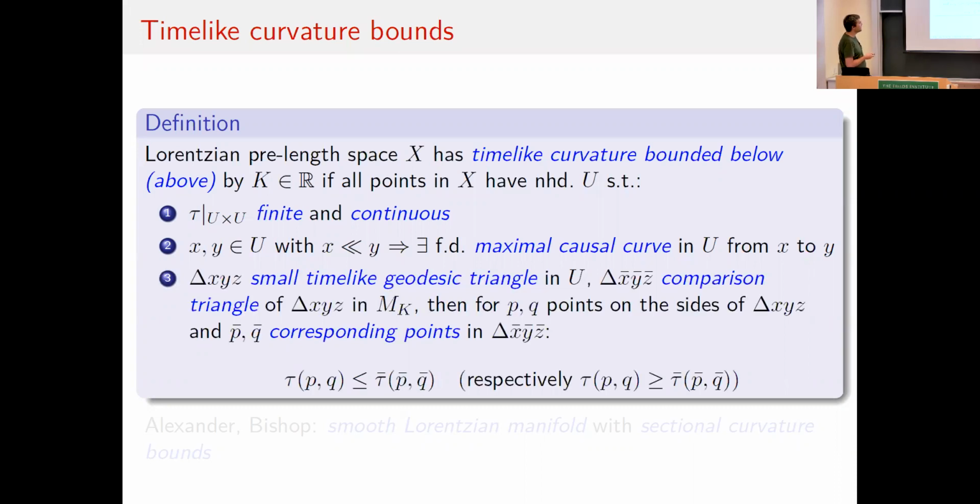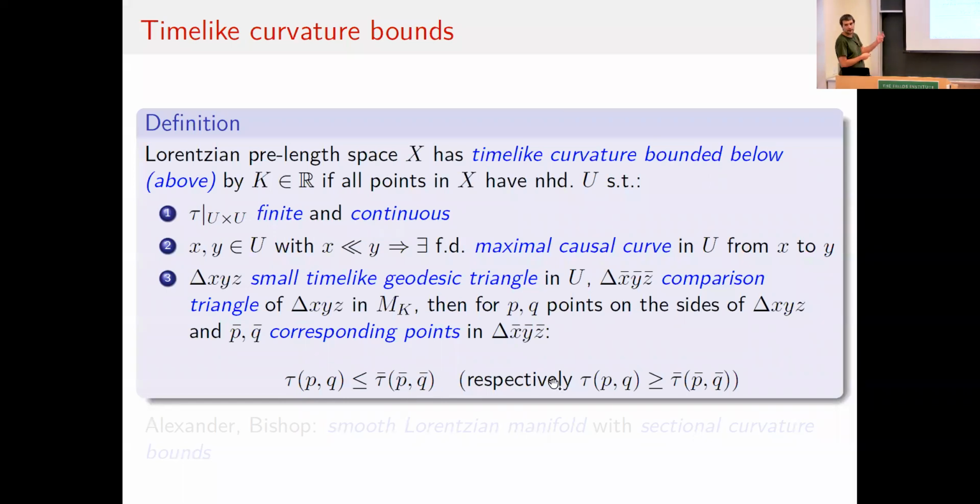And then the comparison is that for all small enough time-like triangles XYZ in U, there is a comparison triangle X bar, Y bar, Z bar in the constant curvature space M_K. And you take 2 points P, Q on the sides of your triangle, and P bar, Q bar corresponding points in the comparison triangle. Then for curvature bounded below, you actually have that the time separation function is bounded above by the time separation in the model space.